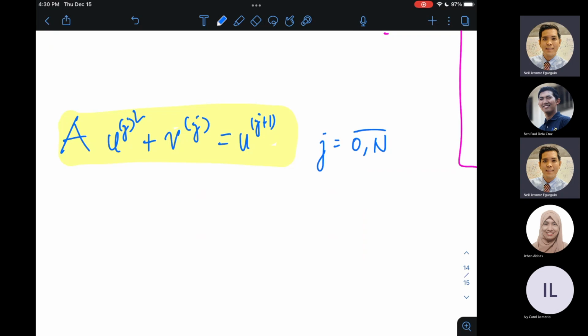Actually, now you can play a little bit more here. Kung gusto mo mag-inverse problem, pwede mong isulat to as A U upper J equals U upper J plus 1 minus V upper J, all right?